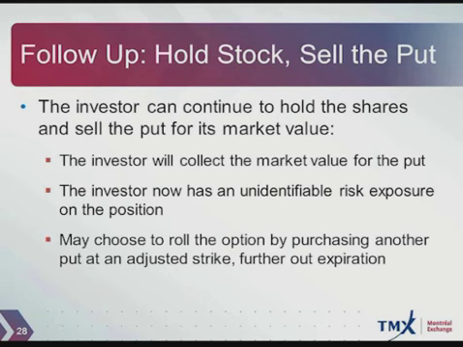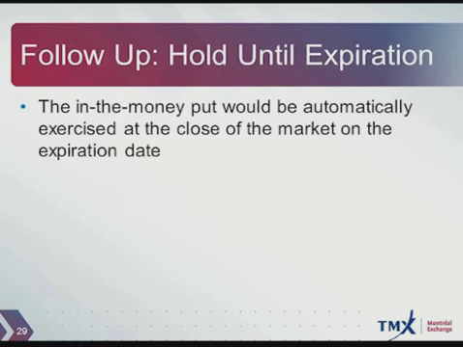You simply sell that put back to the market, and then with the proceeds generated from selling that put, you go out another expiration month and maybe even down another strike price, so you can roll down and out and purchase another option contract and then continue to hold the shares just to see whether or not it's going to turn around and go back in your favor.